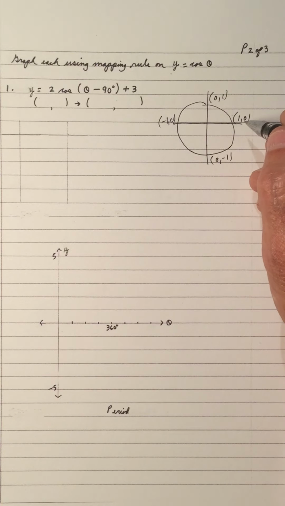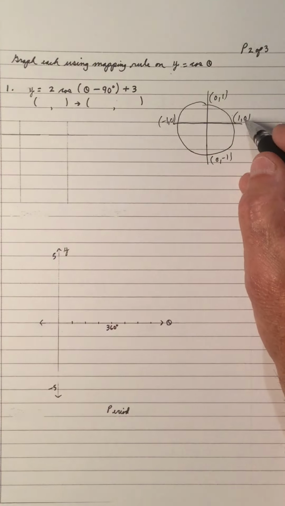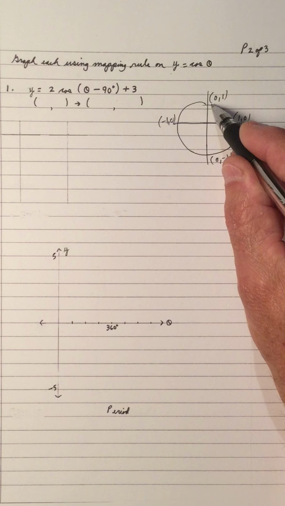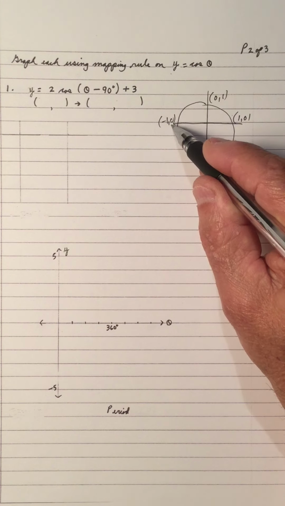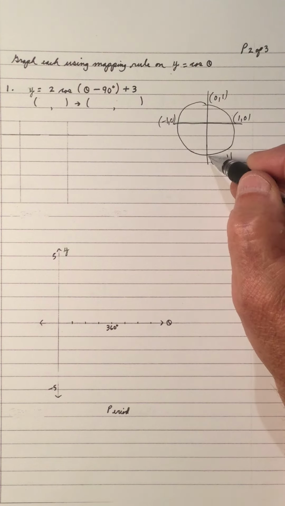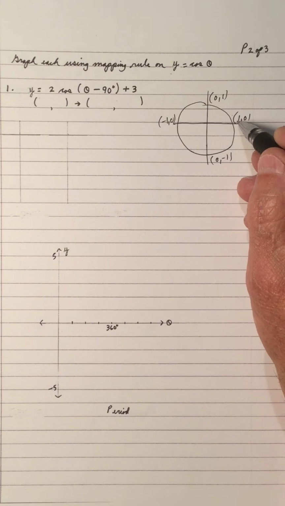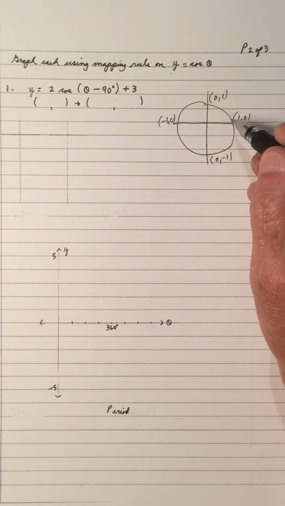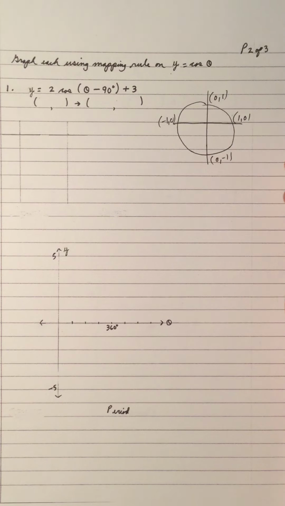The x at 0 degrees is 1, the x at 90 is 0, the x at 180 is -1, the x at 270 is 0, and the x at 360 is 1. So just keep that in mind. Cos is the x, sine is the y.